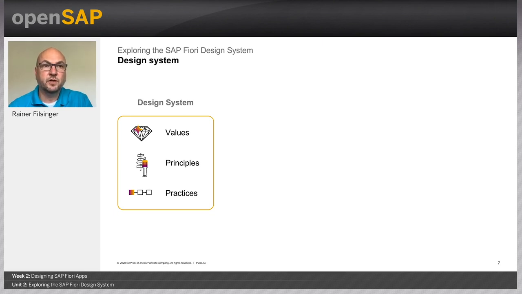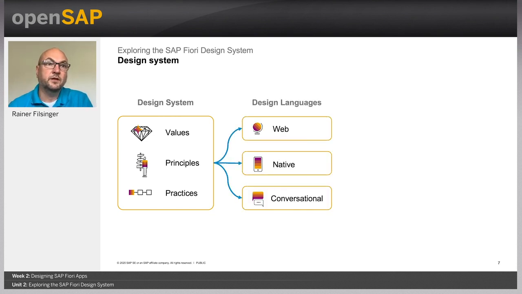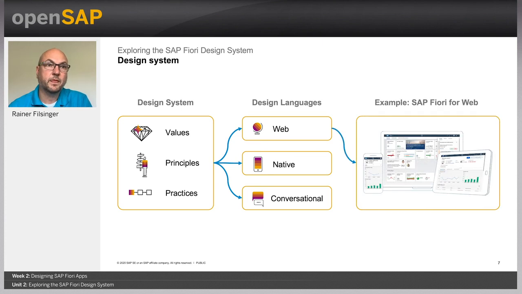To ensure this, we use a design system that consists of values, principles, and practices. The design system is then broken down into several design languages that feature several platforms like web, native, or conversational. SAP Fiori for Web, for instance, is the design language for browser-based applications, independent from device or screen size.